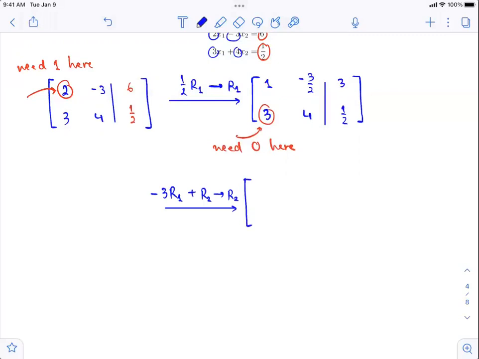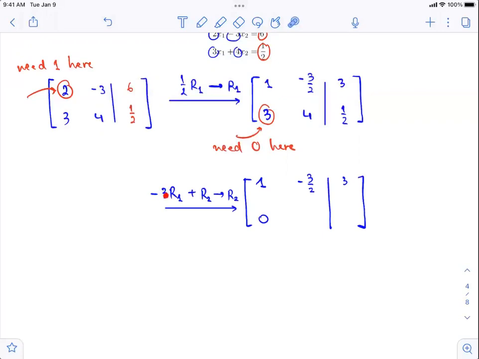So I just borrow row 1. I don't make any changes for row 1 at all, so row 1 remains the same: 1, -3/2, 3. Now for row 2, I make the changes. -3 times 1 added with 3 is going to become 0.